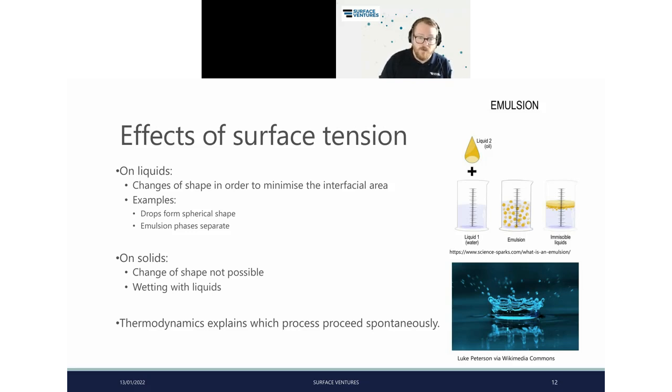So if we have a liquid phase falling in the air like a raindrop, that will be spherical unless it's traveling at an extremely high speed. Or for emulsion phases, one liquid that is typically immiscible in another liquid will eventually separate within an emulsion. This will form very small droplets.